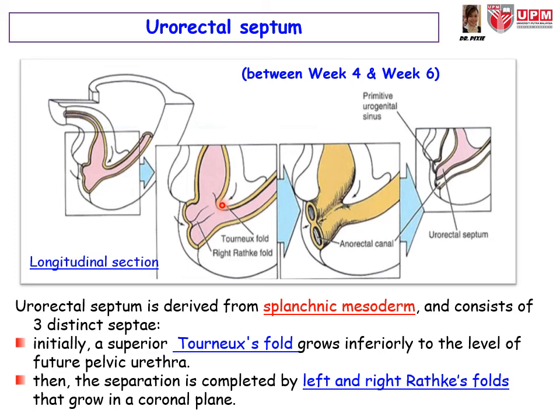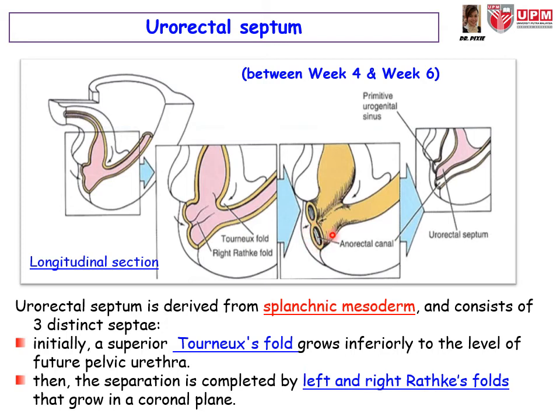And when it is migrating downward, it is going to meet with a pair of the lateral folds. These lateral folds will then grow sagittally to meet the descending urorectal septum. So 3 folds altogether, 1 fold from superior, 2 folds laterally.